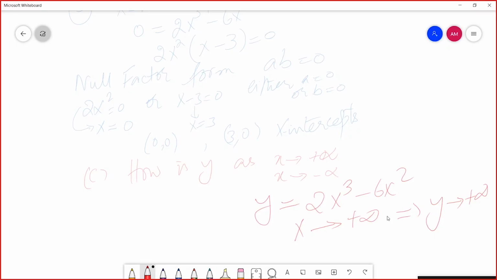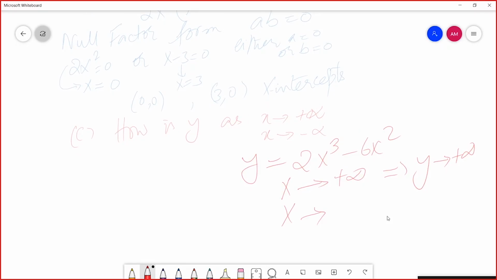Do you understand this, or should I repeat? I understand this. What about once x is going towards negative infinity? When x is going towards negative infinity, y is going towards negative infinity.